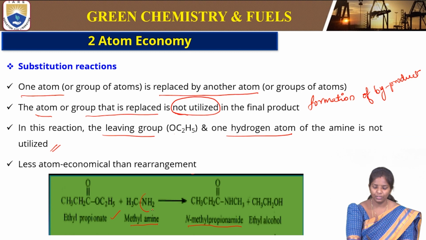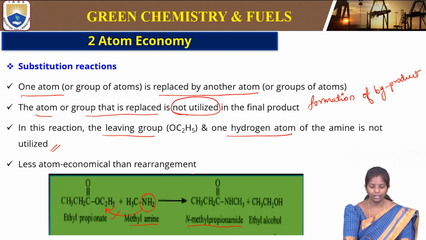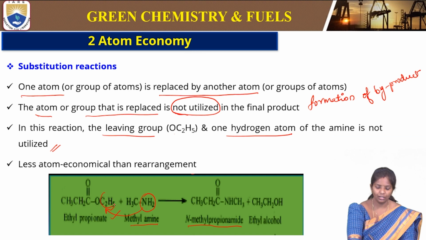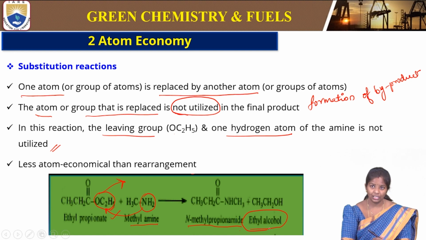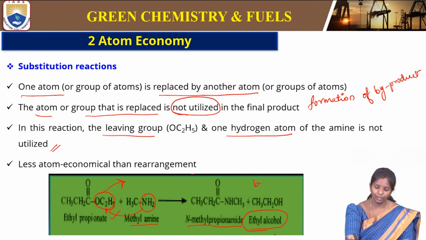The amide group is coming here, and this ethyl group is leaving. So what happens? We get N-methyl propionamide and ethyl alcohol. Ethyl alcohol is forming, and this ethyl alcohol is the byproduct.